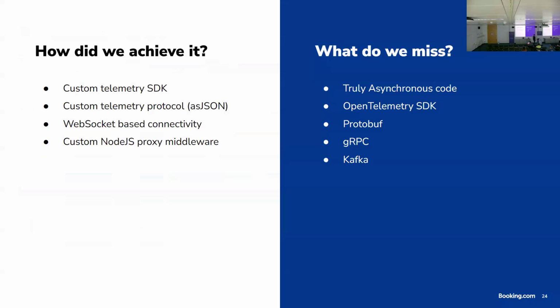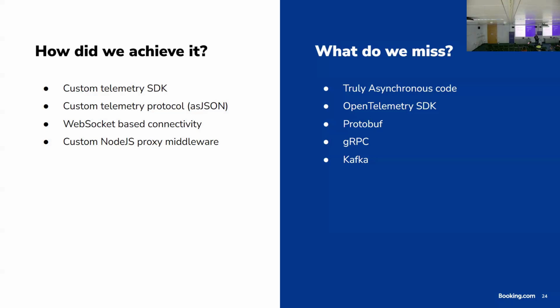We designed our own way to send messages, because we made a decision not to serialize a real protobuf message for OTLP. We better do it using identity transformation because it's faster. Third, WebSocket-based connectivity. The previous slide showed clearly why WebSocket is preferable to HTTP.